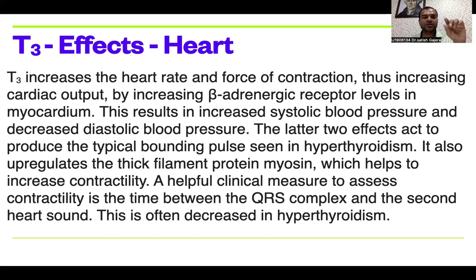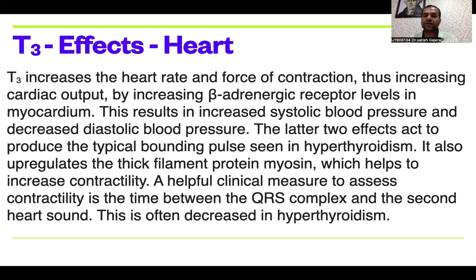So whenever there is a stress effect, systolic pressure will go high, but diastolic stands still or becomes lower, because at that time there is no room for rest, no time for rest. So diastolic pressure becomes low and systolic pressure becomes high. The latter two effects act to produce the typical bounding pulse seen in hyperthyroidism.